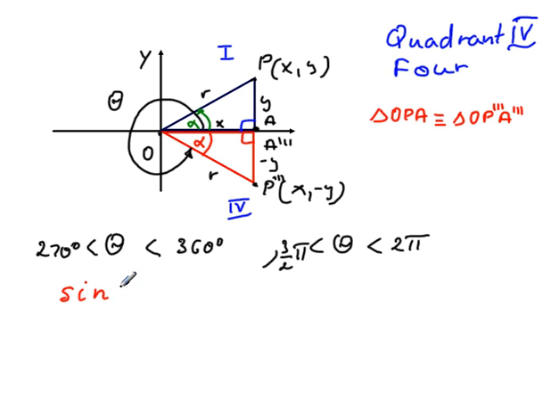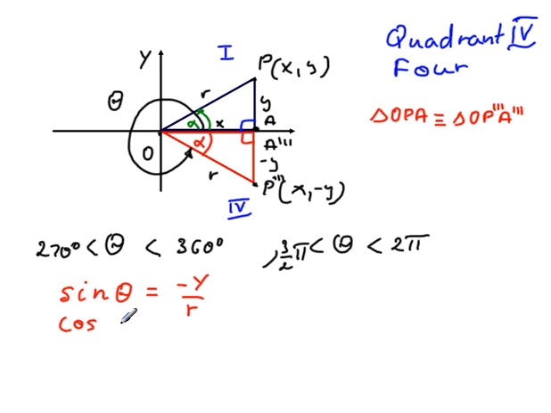So sine of angle theta is traditionally opposite over hypotenuse. So this y is negative. So point P triple prime has positive x and negative y. So this distance is considered as negative y over r.